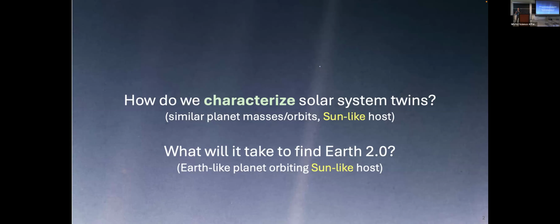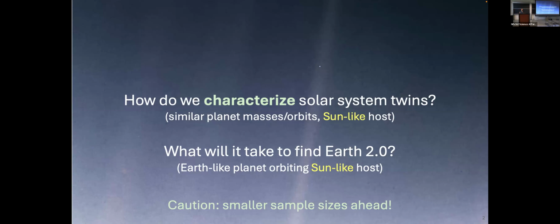That's how we define Earth 2.0 for the context of this talk. And that sun-like host star is what's pushing us towards direct imaging, because the habitable zones are so much farther away from their host stars than for the low mass stars, where you can use transits to probe those planets.